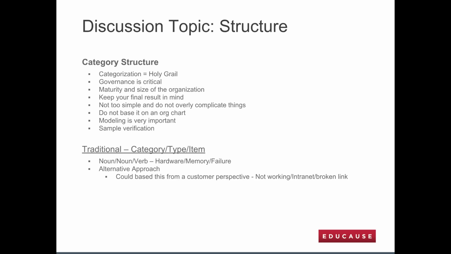I mentioned before that the maturity and size of the organization are also critical. If you're a new organization, you want to just get something in place to capture some basic categorization. If you have a mature organization, you want to deep dive into these reports much more, in a larger organization where you have that capability.